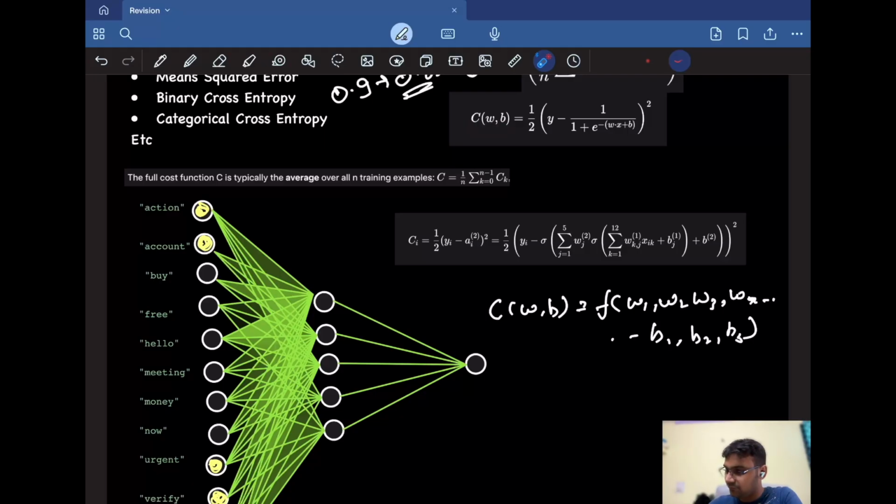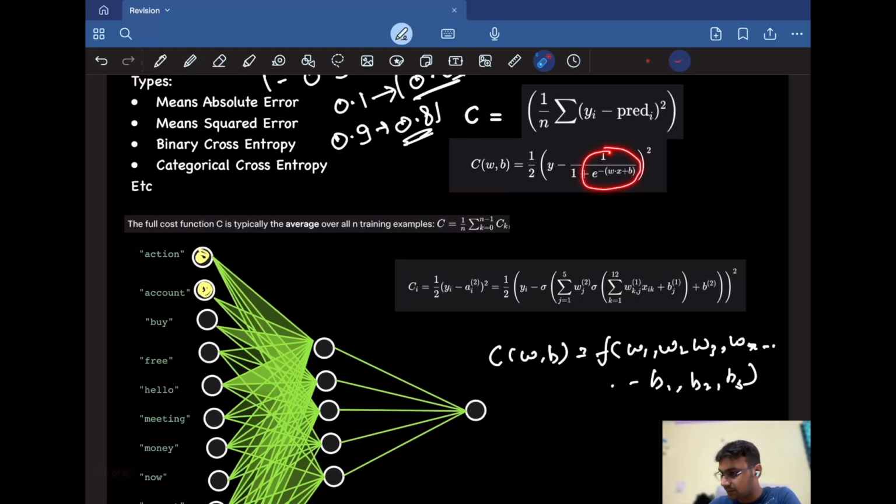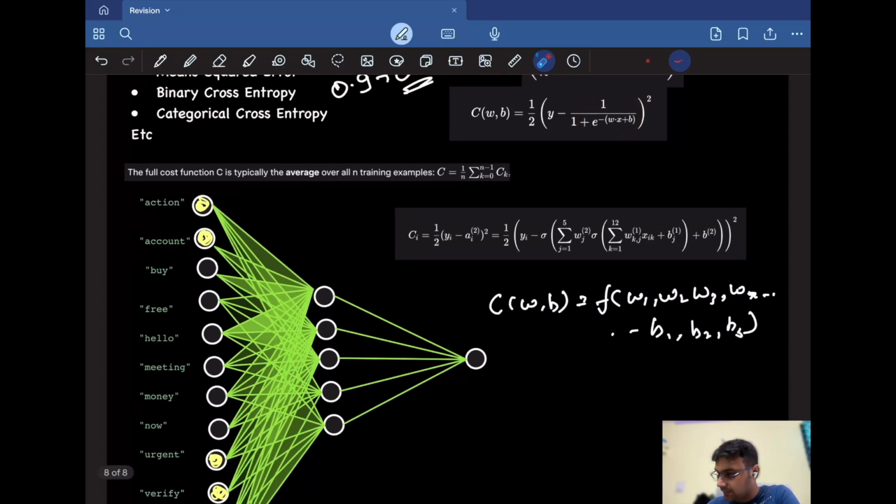If we expand this, it comes out to be this one. It is dependent on the activation value of this layer, and this value is further dependent on the weights and the activation value of the previous layer. So we have y_i minus sigmoid of z, where z is the summation of weights and the activation values of the previous layer.